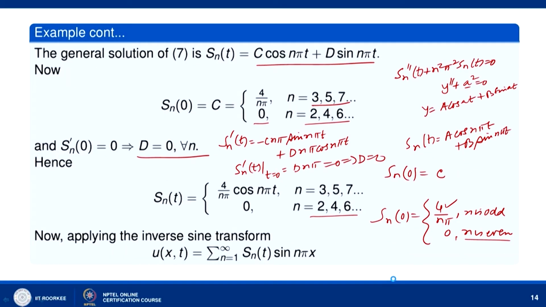So we have u(x,t) equal to sigma n equal to 1 to infinity Sn(t) sin n pi x over L, where Sn(t) is 4 over n pi cos n pi t. We will write the value of S1(t) separately, because that is a separate case.